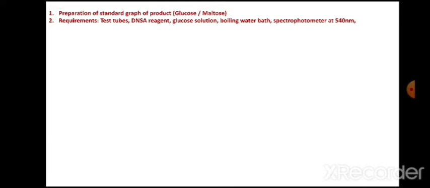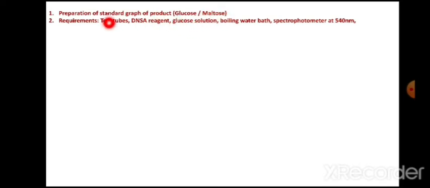So you can express your results in terms of the product formed, that is glucose or maltose. Therefore, we can consider either glucose or maltose as the final product, and we can express enzyme activity in terms of micromoles of glucose formed or micromoles of maltose formed.